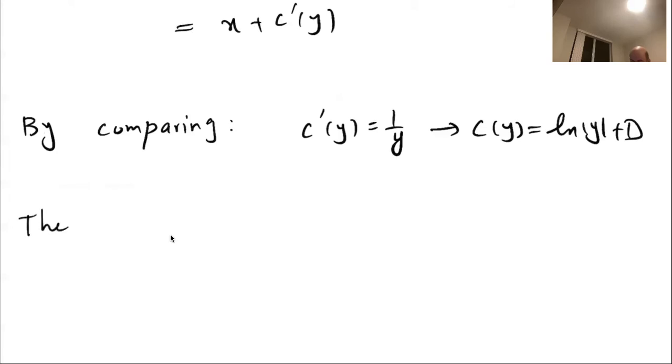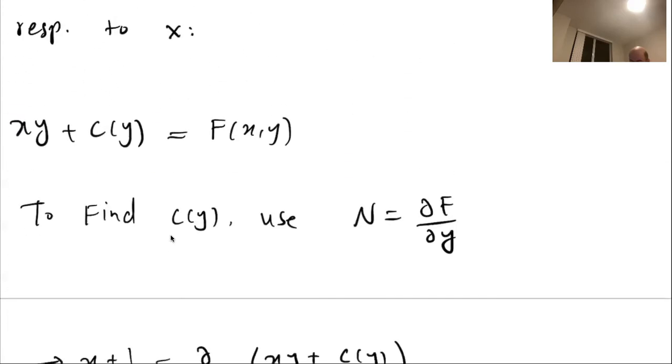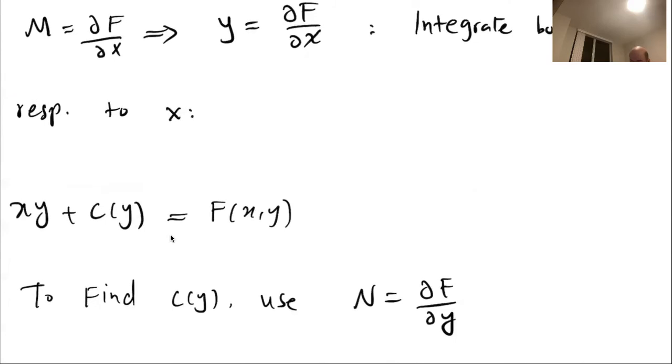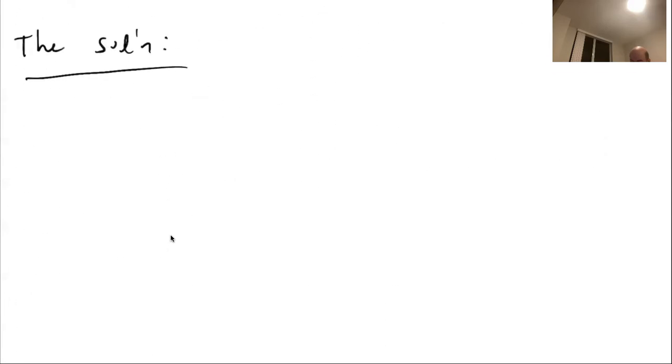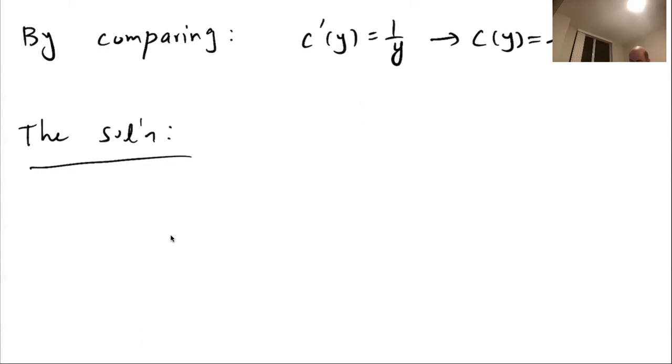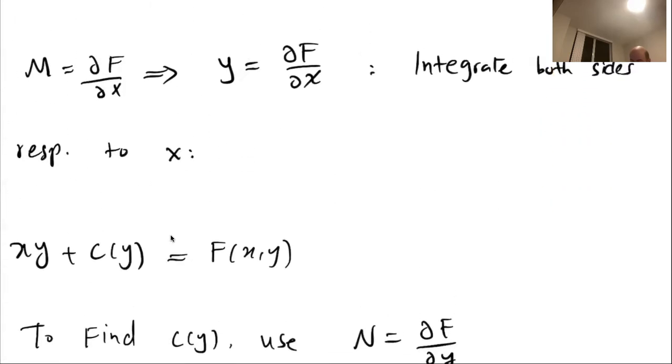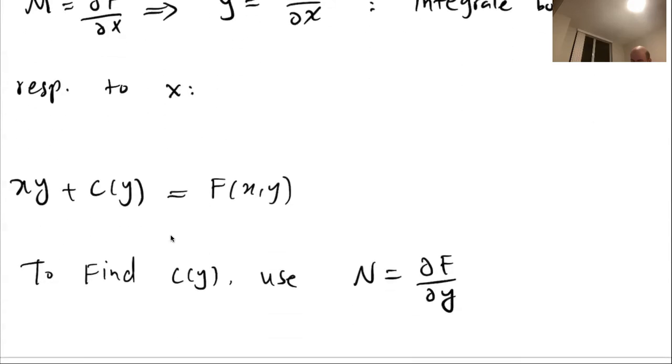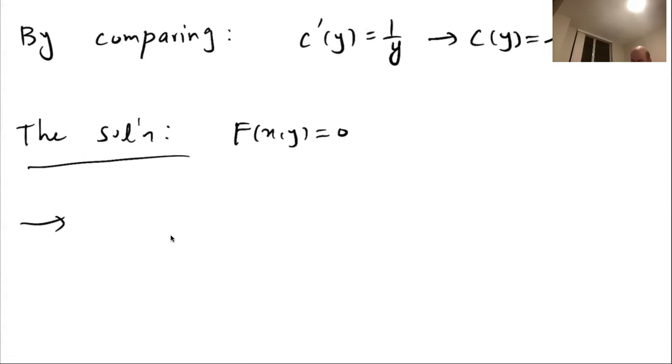So the solution will be basically f of x and y equals 0. And f of x and y is xy plus c of y, and c of y I already found. So it will be xy plus ln absolute value y plus d equals 0.